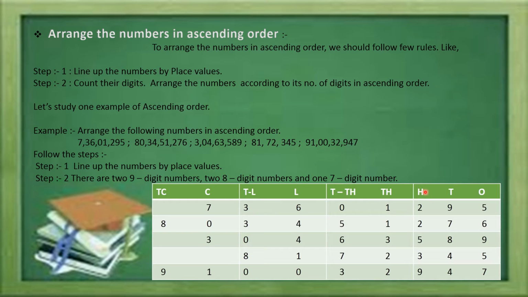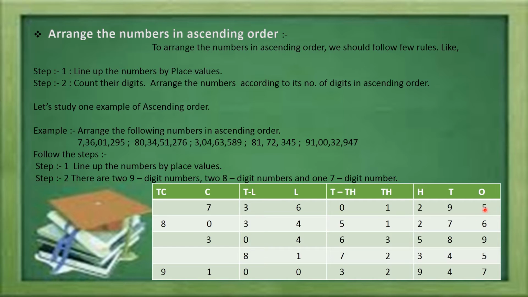According to the chart, we have 4 periods, that is ones period, thousand period, lakhs period and crore period, that we know. Now, let us arrange the figures one by one by their place value digits in this table.